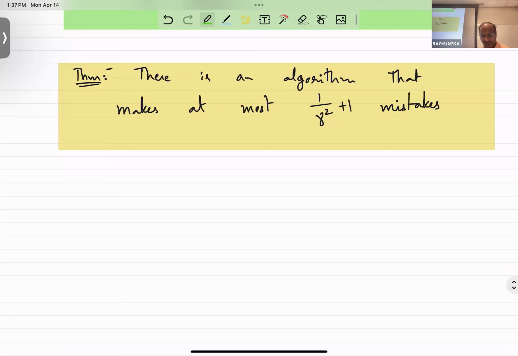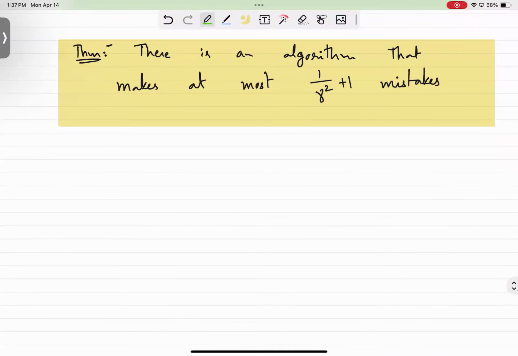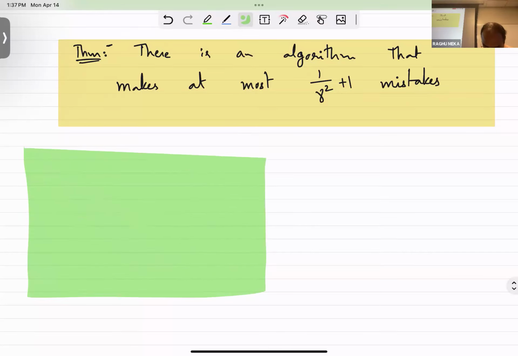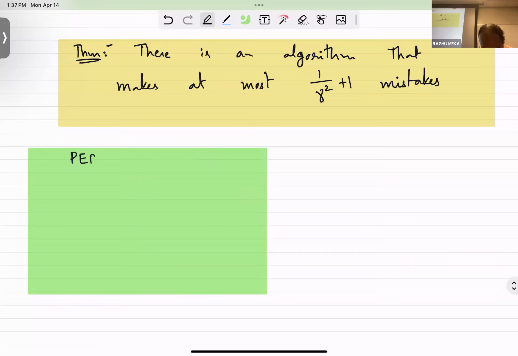Okay. All right. So how do you prove this thing? It's a very simple algorithm. And it's also one of the first uses of stochastic gradient descent, implicitly. It's called the perceptron algorithm, from 1958, due to Rosenblatt. It's a very simple algorithm, but the history of it is quite complicated.